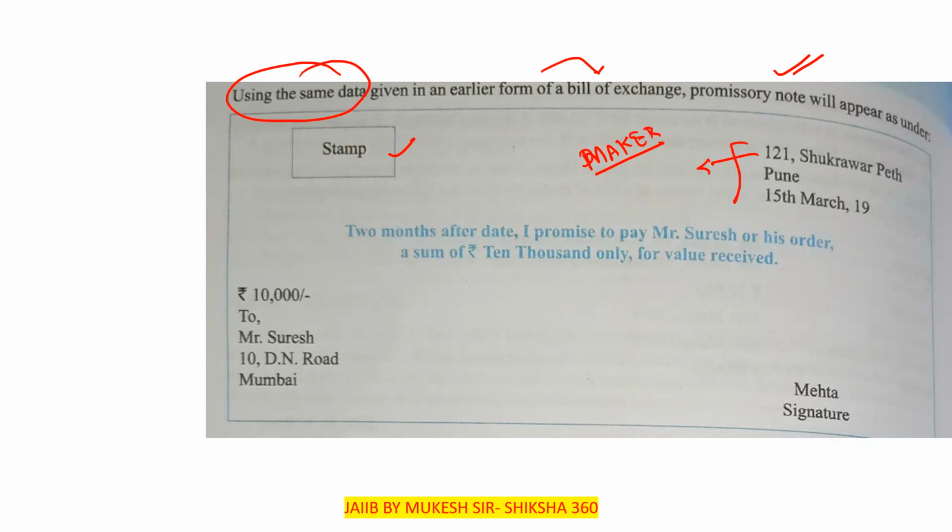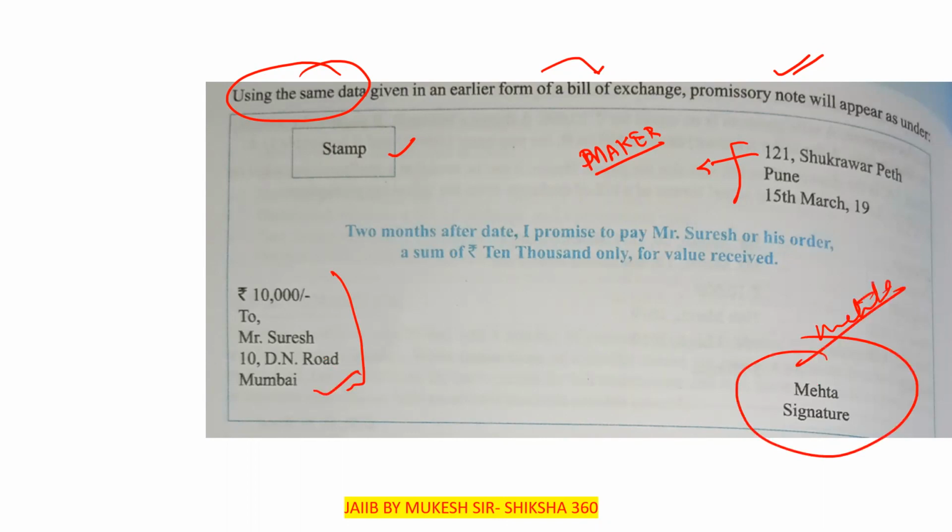There is the address, and 2 months after date, I promise to pay Mr. Suresh or his order a sum of rupees 10,000 only, for value received, addressed to Mr. Suresh, 110 DN, Mumbai. Here is the signature of Mr. Mehta.